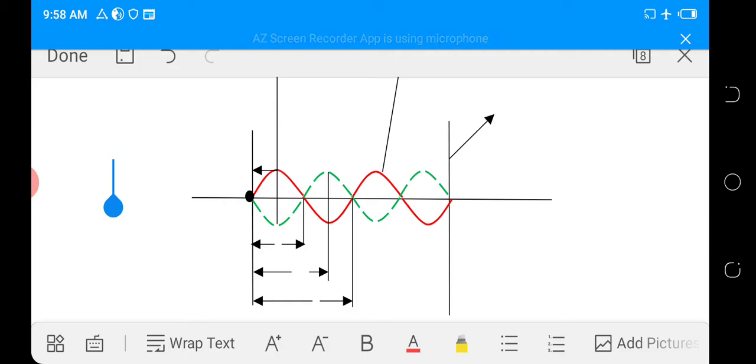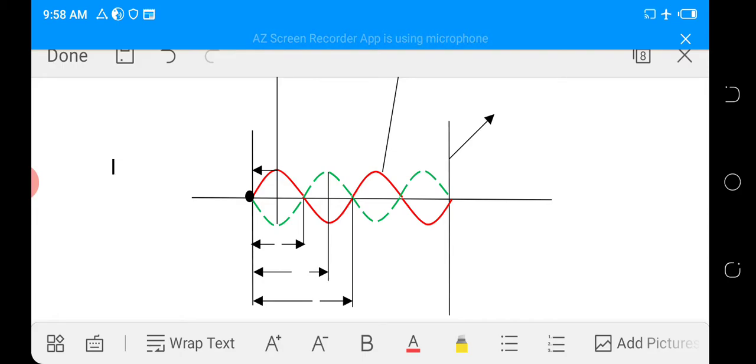Look at the waves. The original wave is the one in red. It travels towards the positive x-axis. On striking the barrier, it is reflected along the green path in the opposite direction to its original direction. And when the two waves are combined, we have what we call a stationary wave.